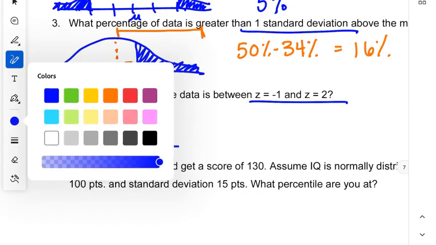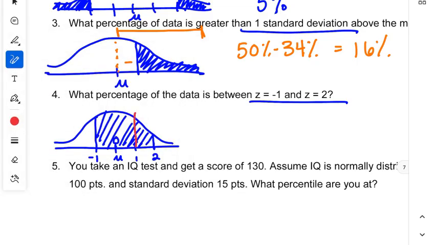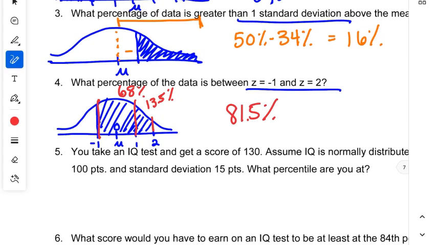So more than one way to do this, but I would think about just here to here is a 68. And then I know from here to here is 13.5. So we could just add those up. We get 81.5%.